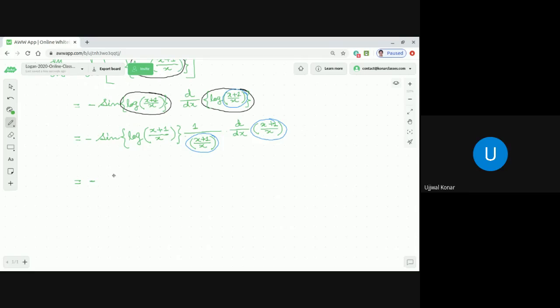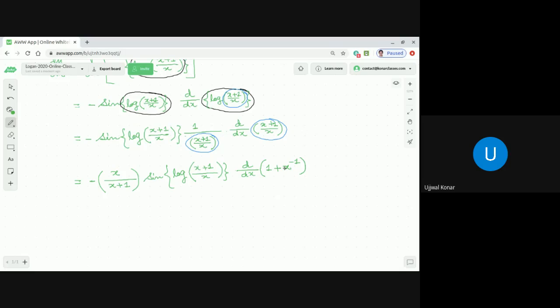So minus x by x plus 1 into sine of log x plus log 1 by x, hmm, into ddx of... I want to make this algebraic expression a little simplified, as it will help me. So x plus 1 by x means 1 plus 1 by x. So I can write 1 plus x to the power minus 1, because it will help me compute the differentiation.